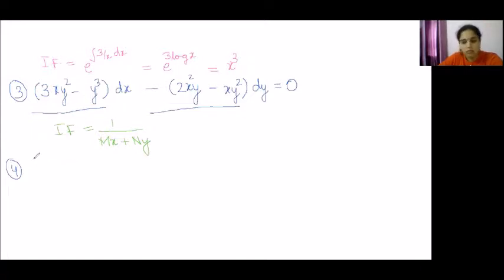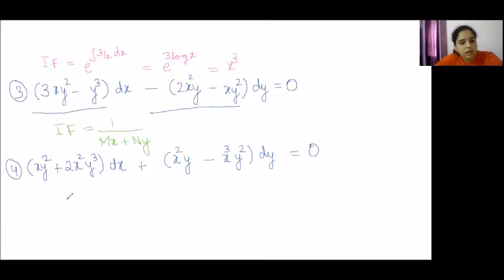The problem is, solve the differential equation (x y square plus 2x square y cube) dx plus (x square y minus x cube y square) dy equal to 0.